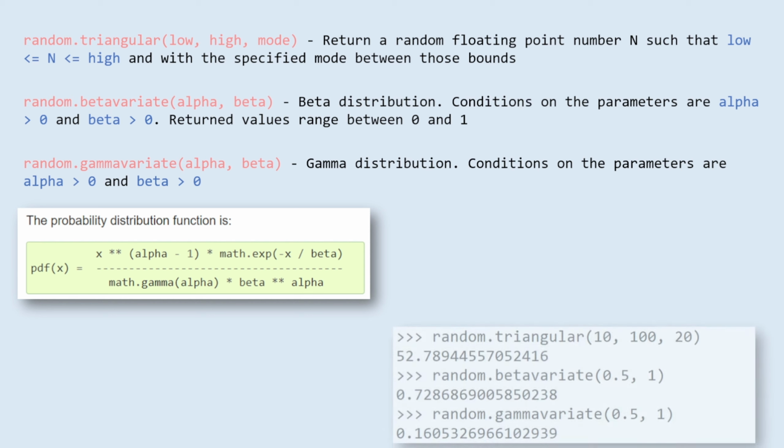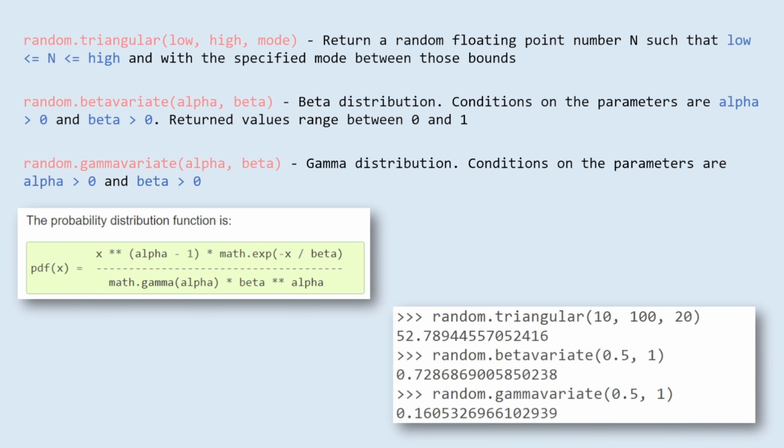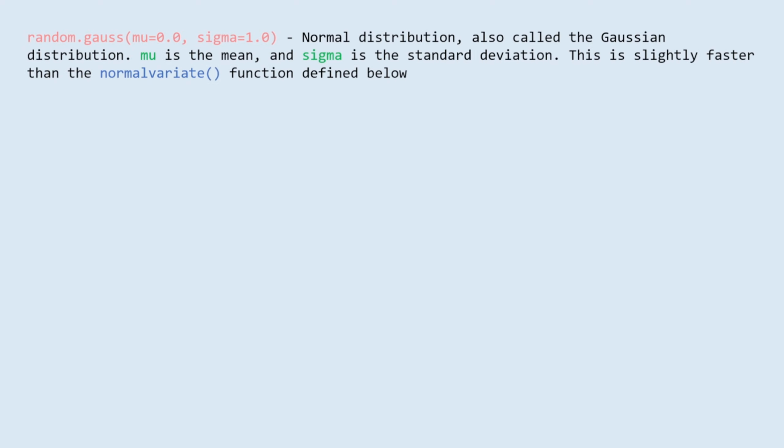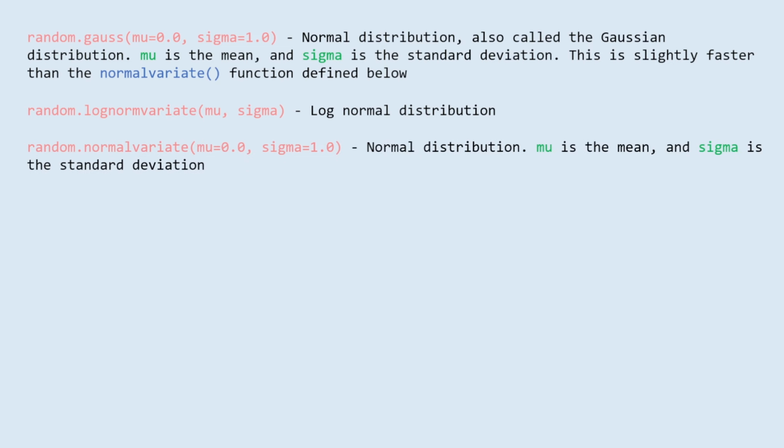And examples below. gauss, normal distribution, also called the Gaussian distribution. mu is the mean, and sigma is the standard deviation. This is slightly faster than the normalvariate function defined below. lognormvariate, log normal distribution. normalvariate, normal distribution. mu is the mean, and sigma is the standard deviation. And examples below.